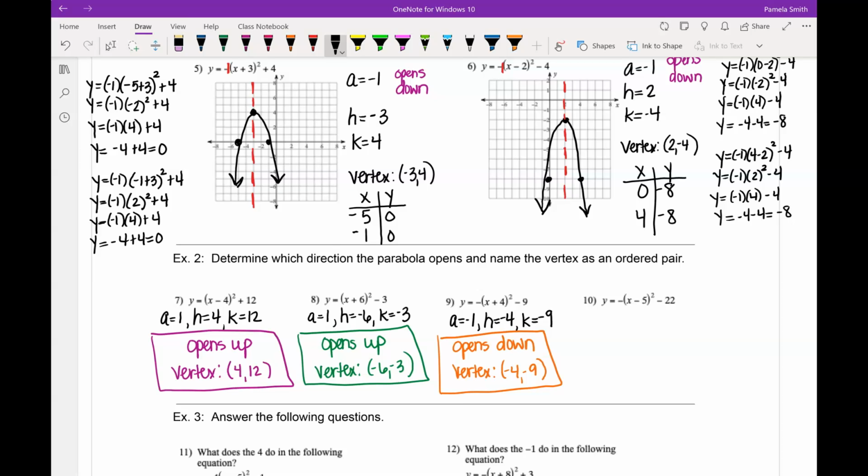Number 10, y equals negative 1 times the quantity x minus 5 squared minus 22. So again, A equals negative 1. Here, H would equal positive 5 because it's x minus 5. And K equals negative 22.